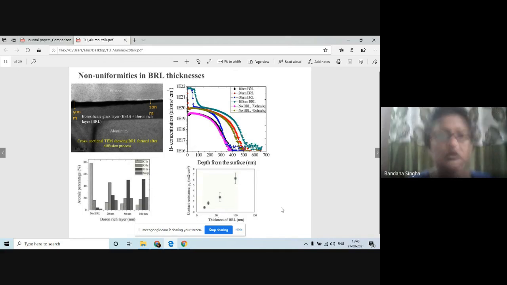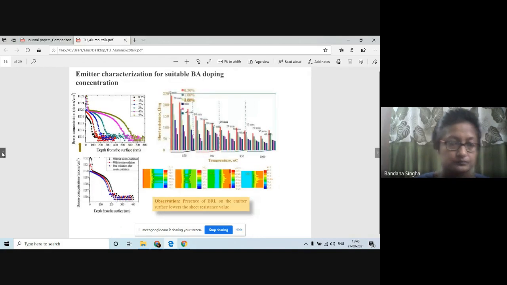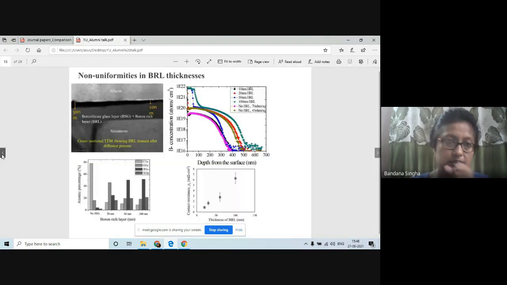And also the contact resistance, which is measured by the TLM method, showed that with the increase in the thickness of the boron rich layer, the contact resistance also increases.